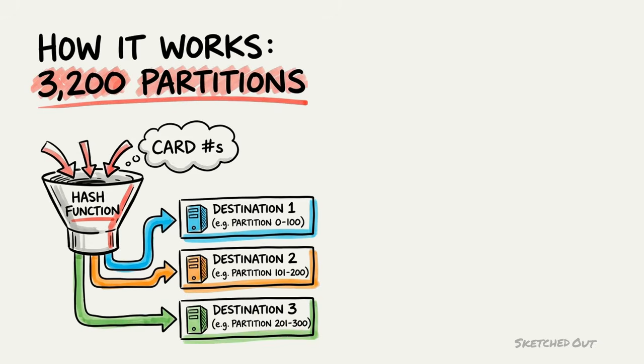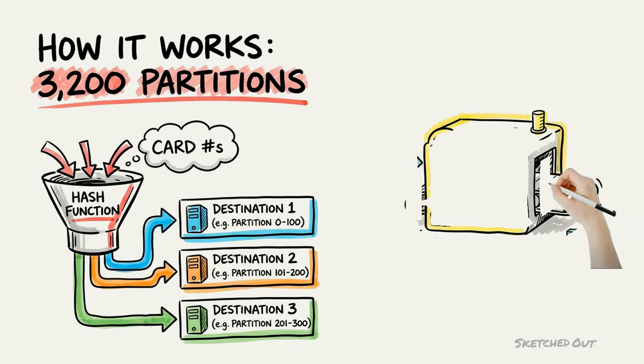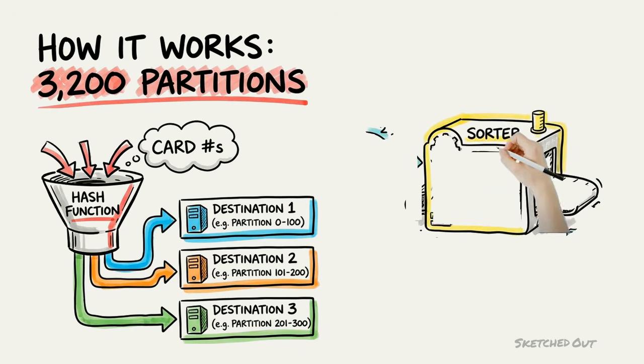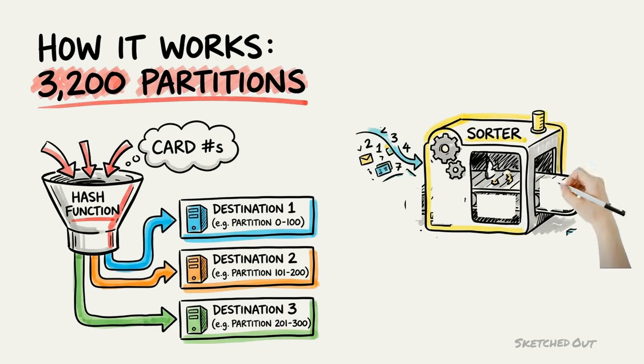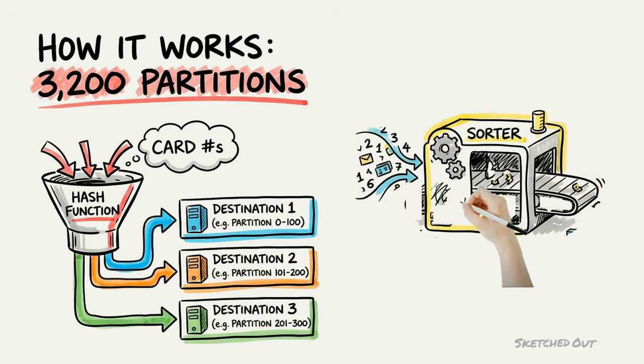A card number entering a hash function and coming out as a destination number, with 3 separate machines all computing the same destination for the same card. Then, every machine sorts its rows into buckets, one per destination, and writes them to its local disk. Note that. Disk, not memory.